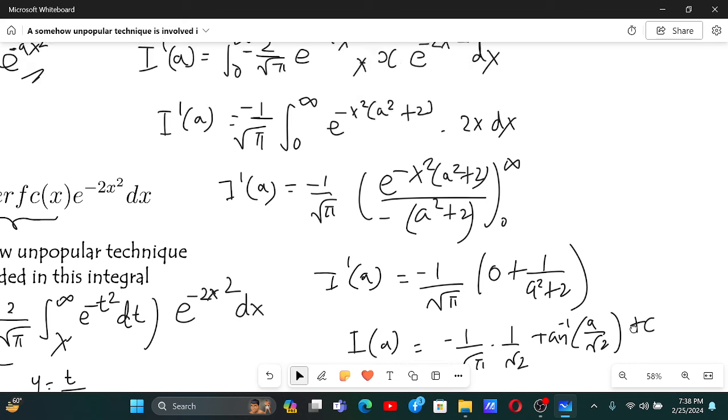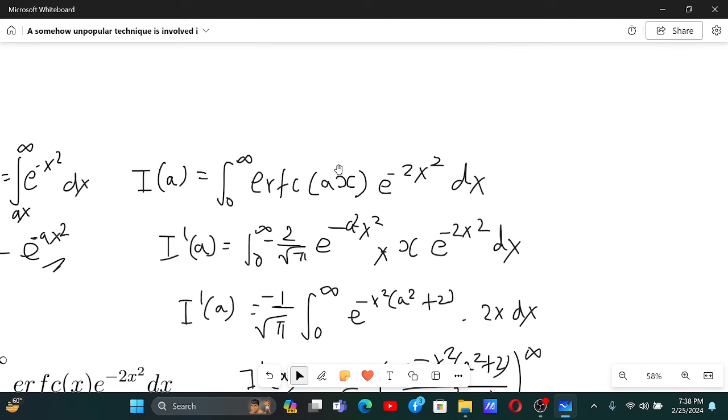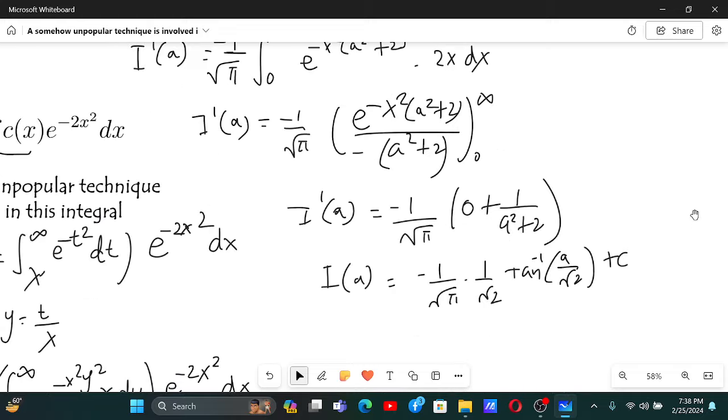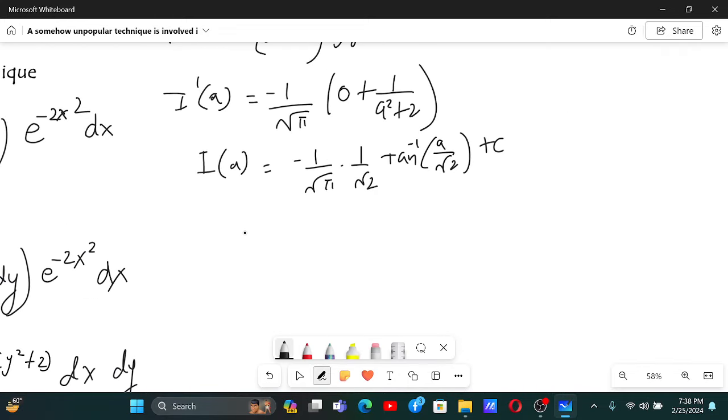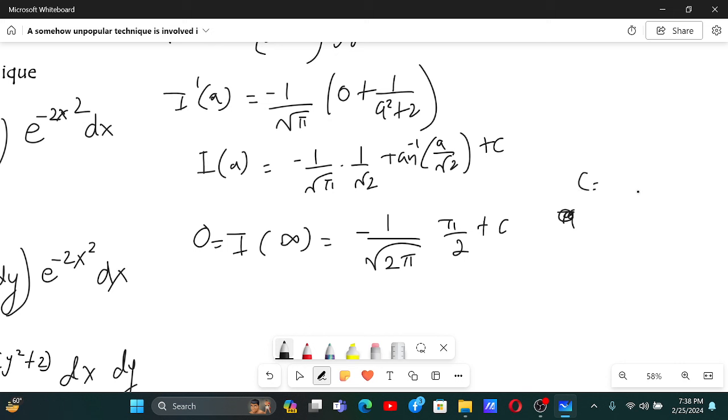Now I earlier said that if I substitute a equals infinity, the integral will be 0. That means I of infinity will be 0. So to find I of infinity, we have minus 1 by root 2 pi times tan inverse infinity, which is pi by 2, plus c, and this is 0. So that's why c is equal to pi by 2 root 2 pi.